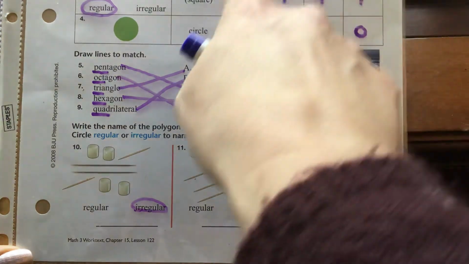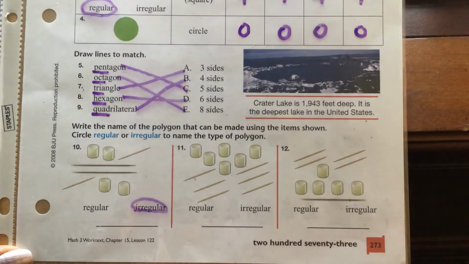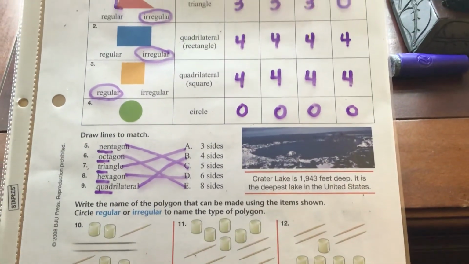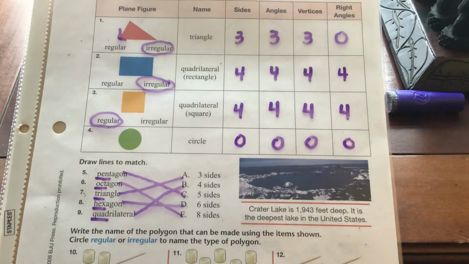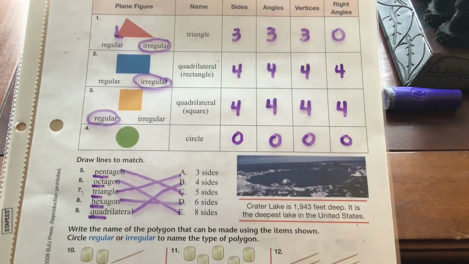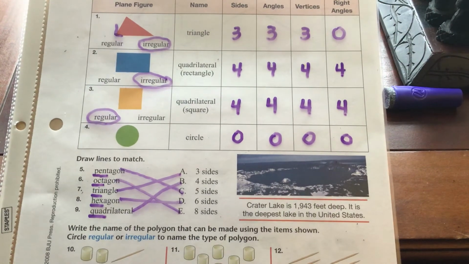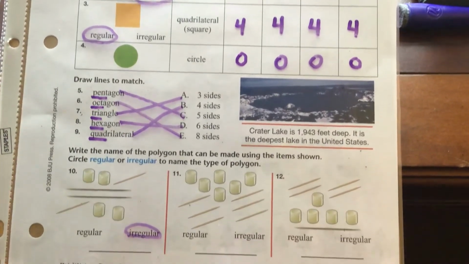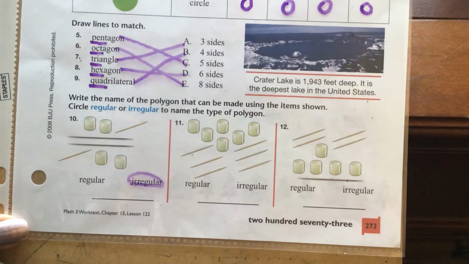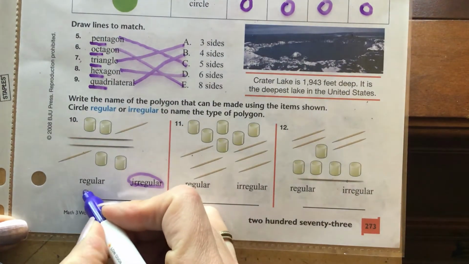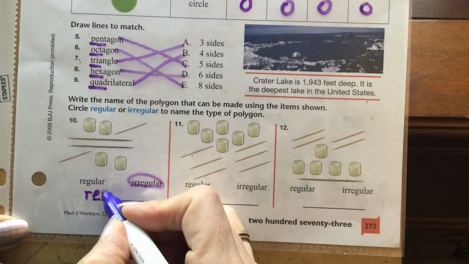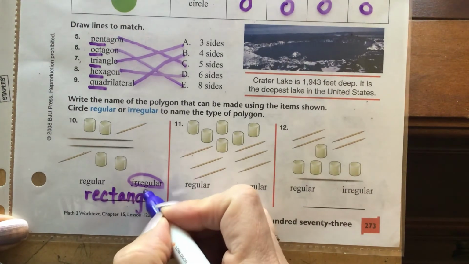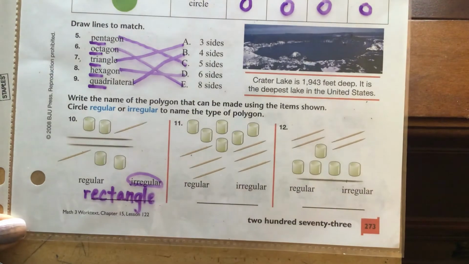And if I look back up at the chart at the top, which is off your screen, which one of those shapes had 4 sides, 4 angles, 4 vertices, and 2 sides longer than the other 2? Most likely, if I could hear you, I would hear you tell me it is a rectangle. So we would write rectangle on the line.